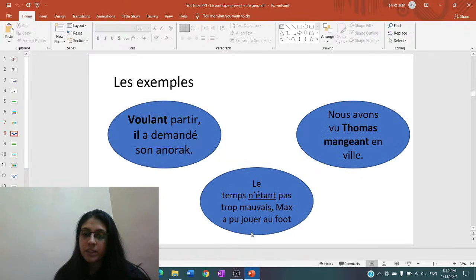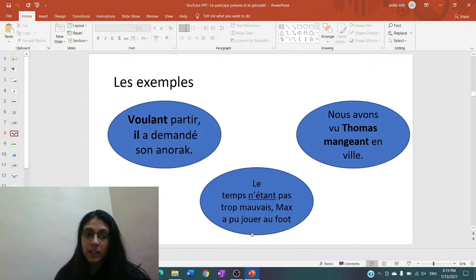Then the examples that we have discussed. Voulant partir, il a demandé son anorak. Voulant partir. So voulant is the present participle of the verb vouloir. Wanting to leave, he asked for his jacket.